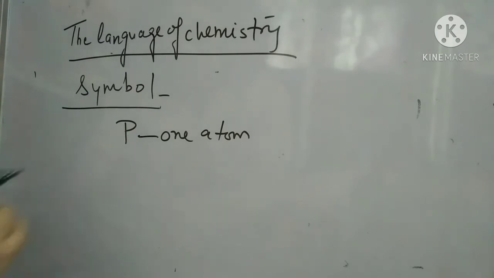Now, the term symbol was introduced by a scientist in 1807 named John Dalton. Now, Berzelius in 1814 he suggested a simple system of representing elements with symbols.